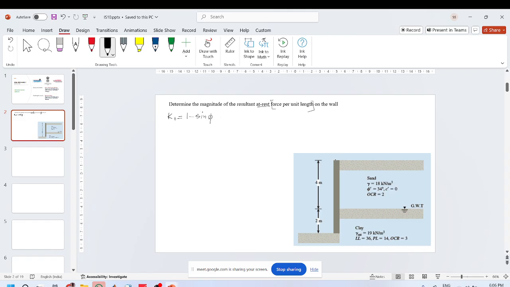At rest, force per unit length. It's written like this because in geotechnical engineering usually we deal with plane strain problems.